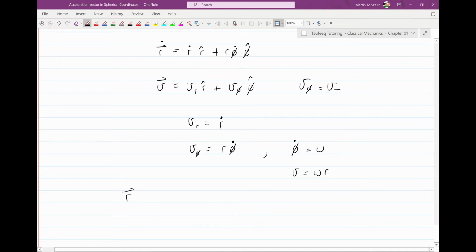So we're not done though. We need r double dot, not r dot. So now let's take another derivative.